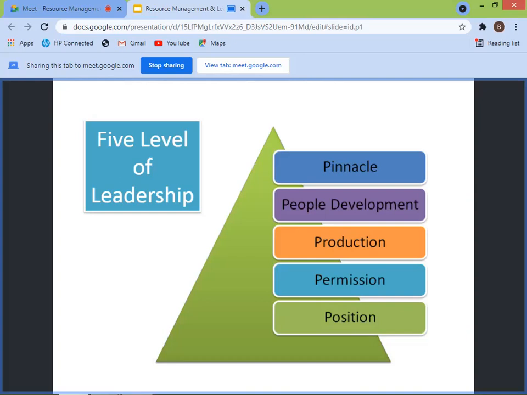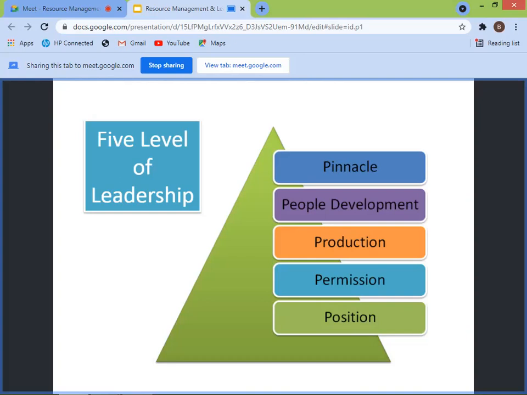Now, you go to the next level. You already have experience in terms of leadership and management. Then you'll be on the people development leadership level. You develop people, you train people, you make them leaders. Coach them, mentor them.